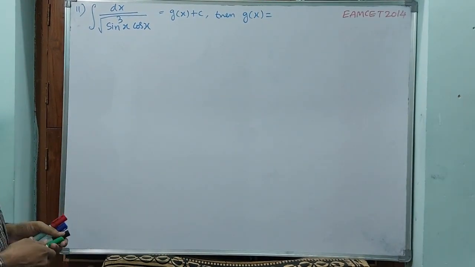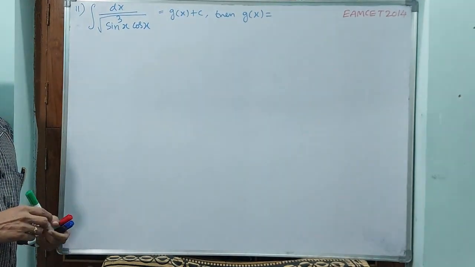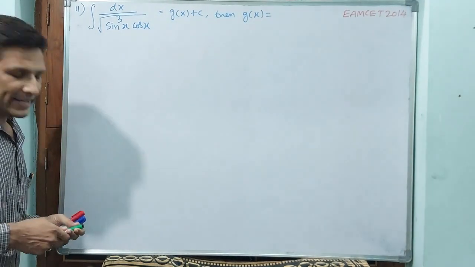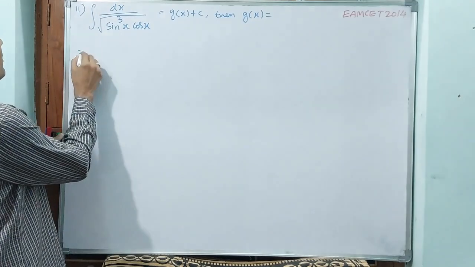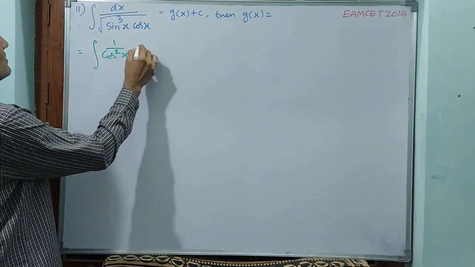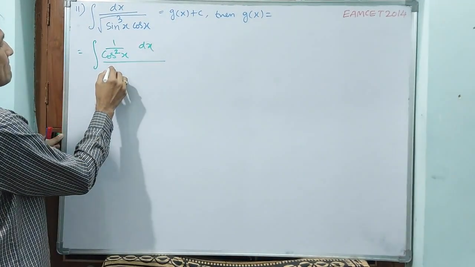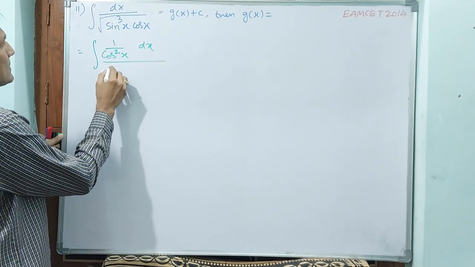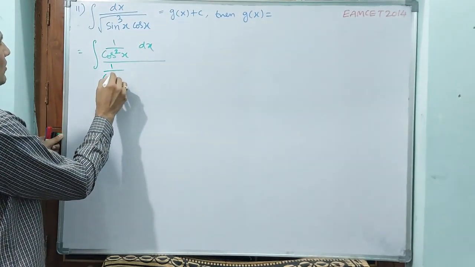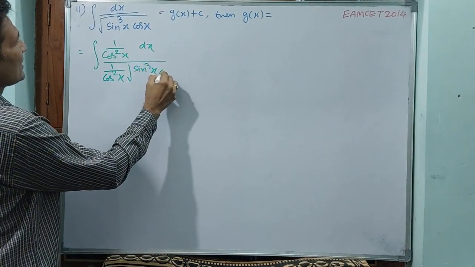See, how can we do? Divide numerator and denominator by cos square x. See how I am writing. Integral 1 by cos square x dx divided by 1 by cos square x into sin cube x cos x.